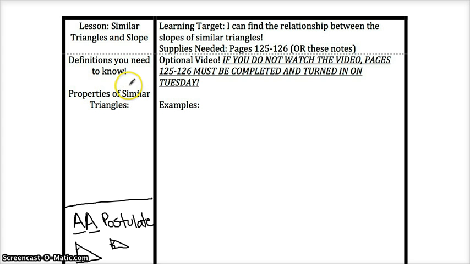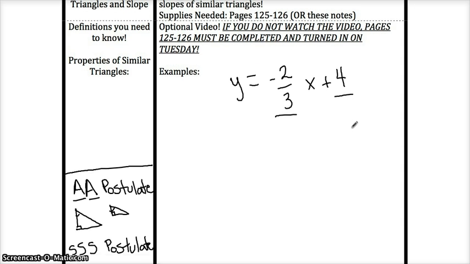It says that the graph shows the linear function y equals negative 2/3 x plus 4. Just a refresher, this is our slope, this is our y-intercept, and it is graphed on our coordinate plane.